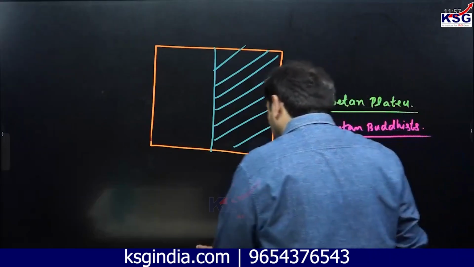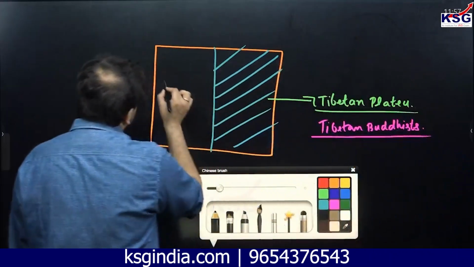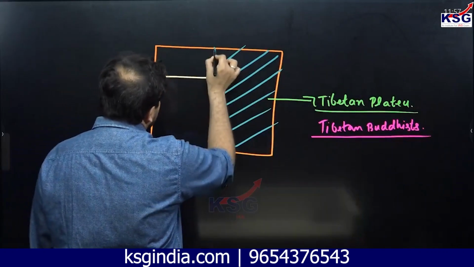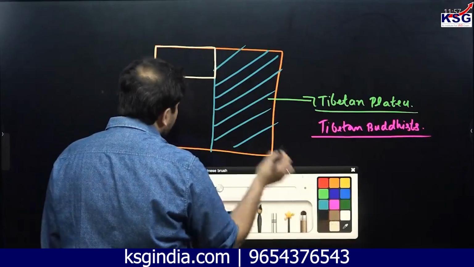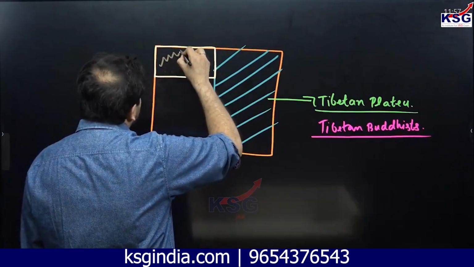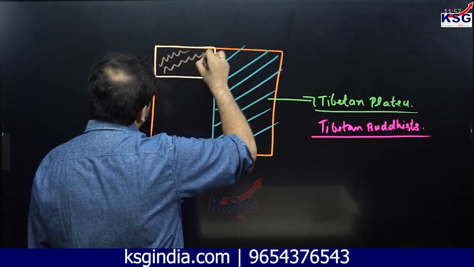Clear? Then you have, for example, these parts. This part of Kashmir, which I'm underlining over here, is entirely a mountainous region which goes by the name of Gilgit Baltistan.